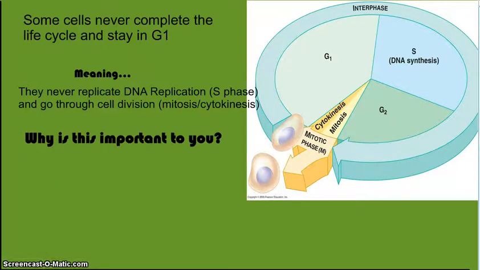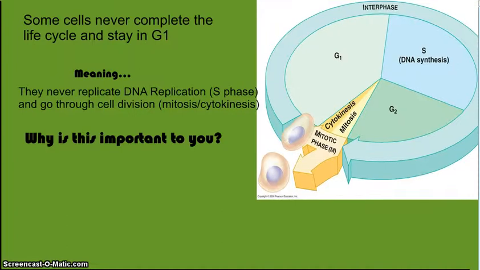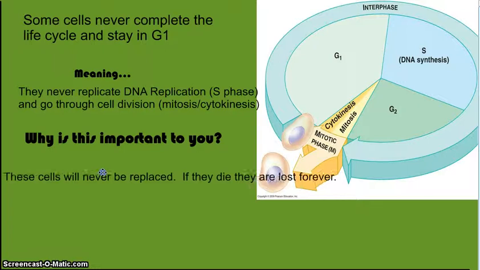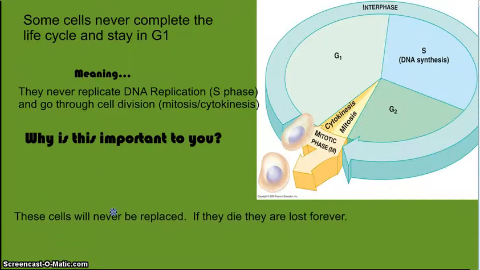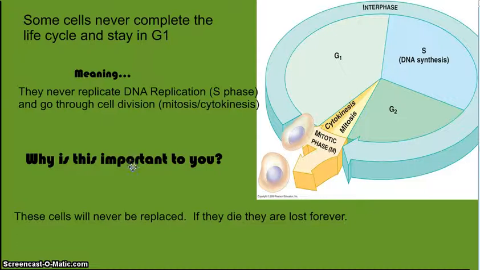So why should you care? Why would this be important for you to know about? Well, what that means is that cells that never go through DNA replication, these cells are never going to be replaced. If you lose them, if they die for some reason, they're gone forever. So what are some examples of these? These are cells that are pretty important not to lose.